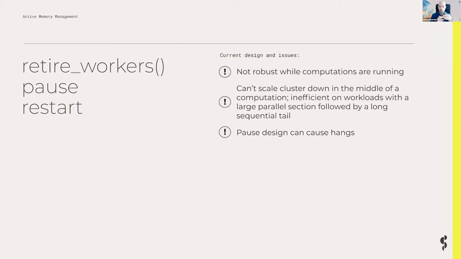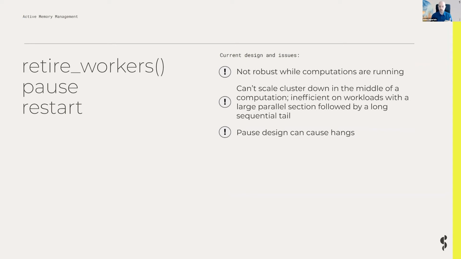Now, when the adaptive controller starts seeing that the pressure on the number of tasks starts adding up, it will spin up more workers. That's great, and it will do so in the middle of a computation. However, it will not shut them down until everything is idle again. And the reason for that is that retire workers is not resilient to run while something else is going on.